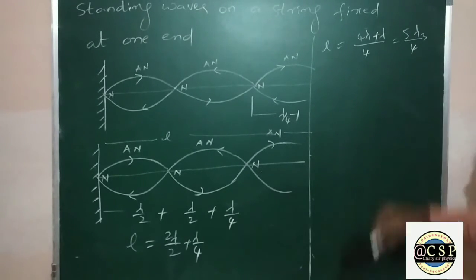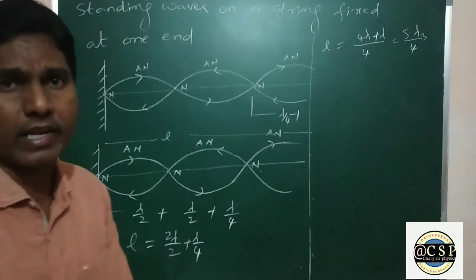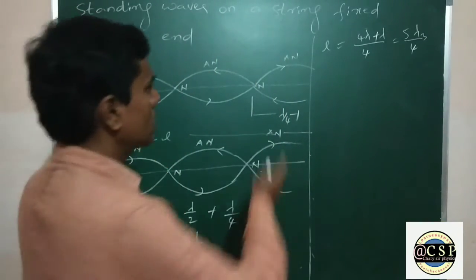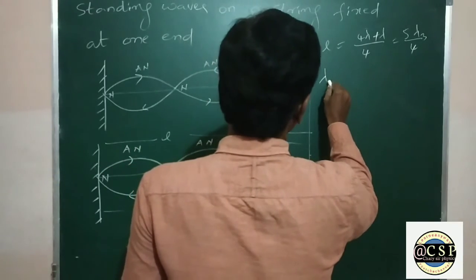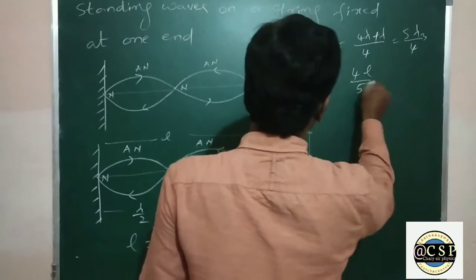Here it is the third wavelength of these waves. L is equal to 5 lambda 3 by 4. We need to calculate the third wavelength, so lambda 3 is equal to 4L by 5.